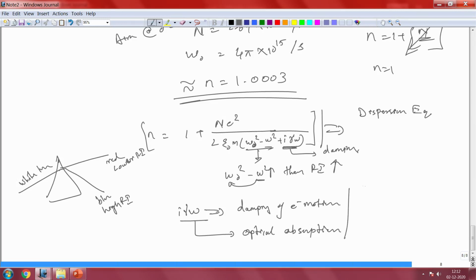Gamma omega becomes more important when omega reaches omega naught, close to the resonant frequency of your material. Then you see damping take over, and that is when absorption starts to happen.